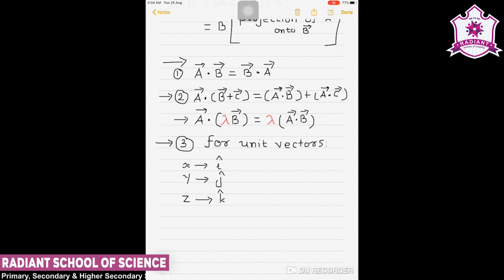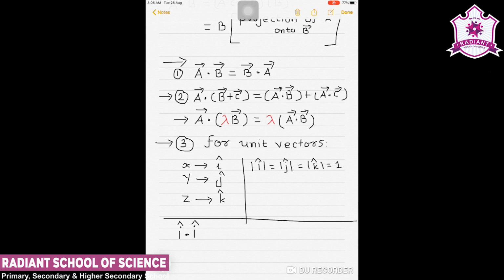Now what? Here we are going to say that the vector product of unit vectors like i dot i. Now we know that the magnitude of any unit vector is 1.